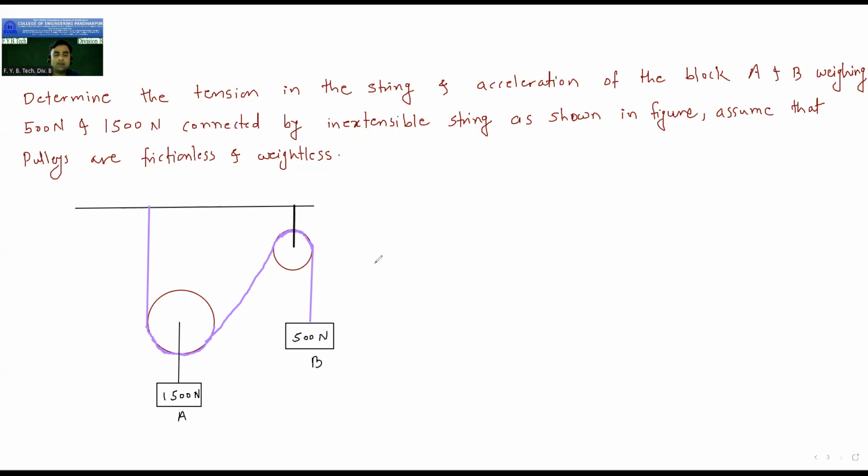First, you need to understand that this is the 500 Newton pulley. Okay, so this will come down definitely. This is the direction of the motion, and this will move up. So now what is the difference?